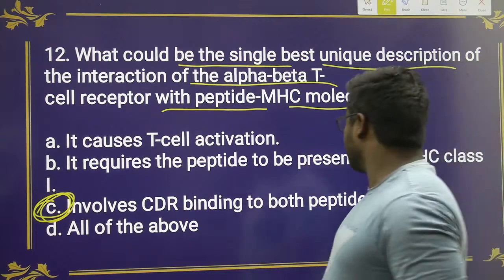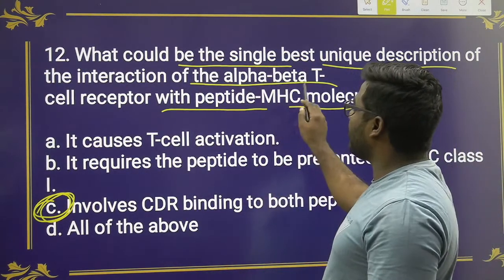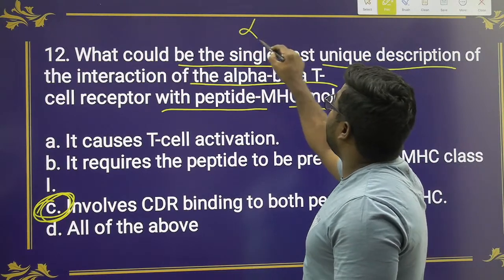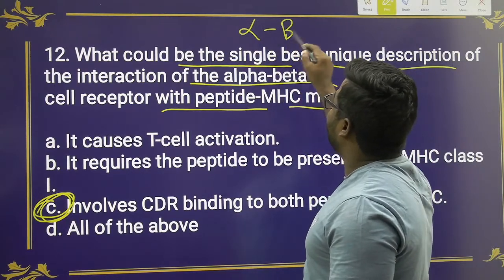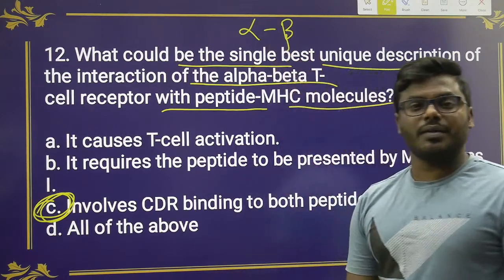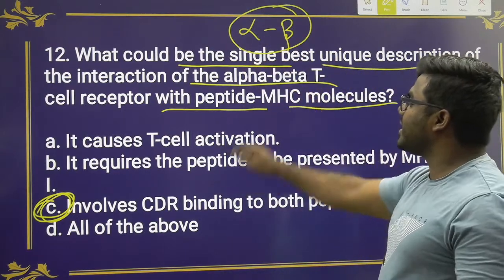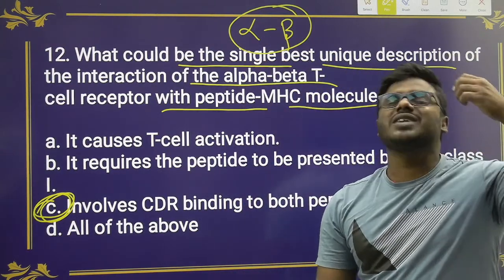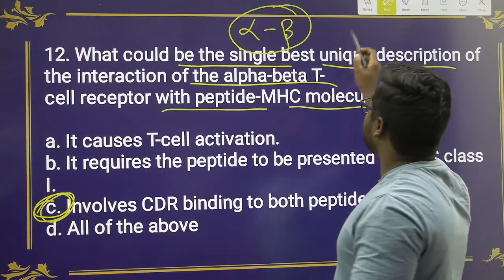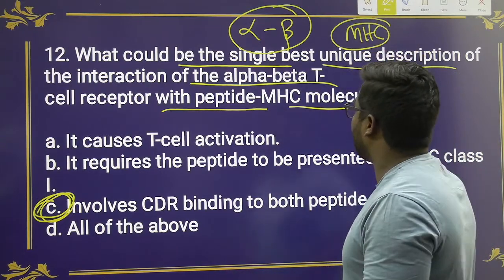T cells have alpha and beta receptors, so alpha and beta are the major receptors. The alpha and beta T cell receptor are always associated with the MHC molecule. We all know that very well.